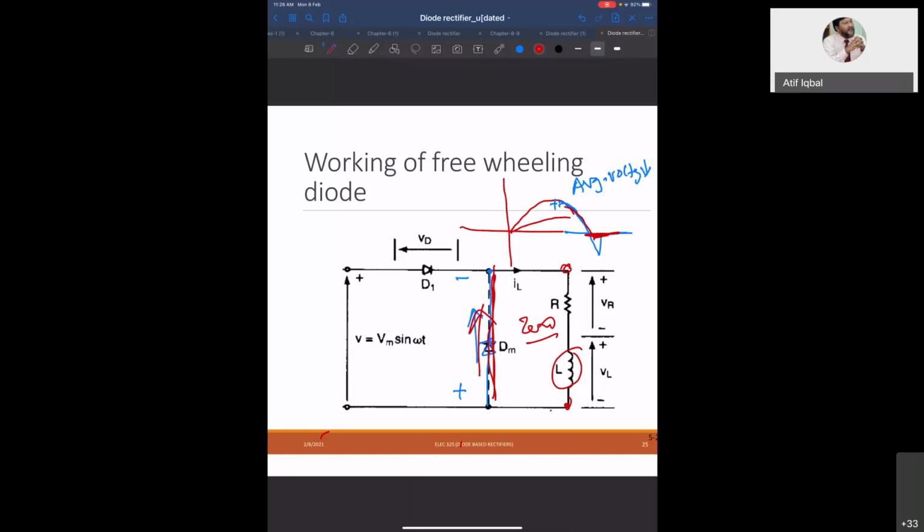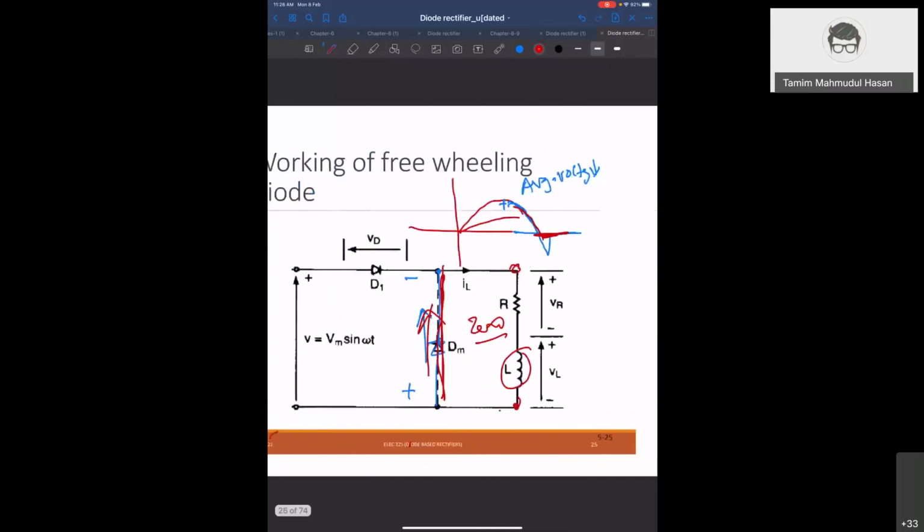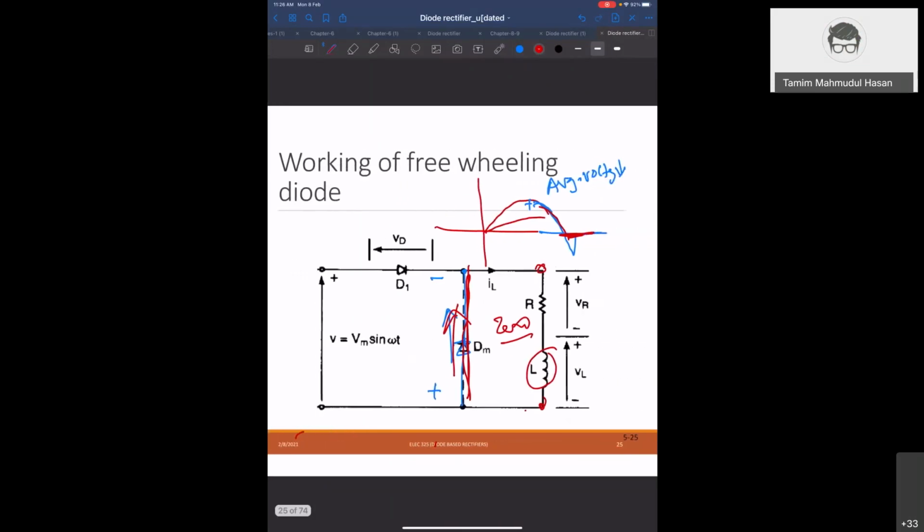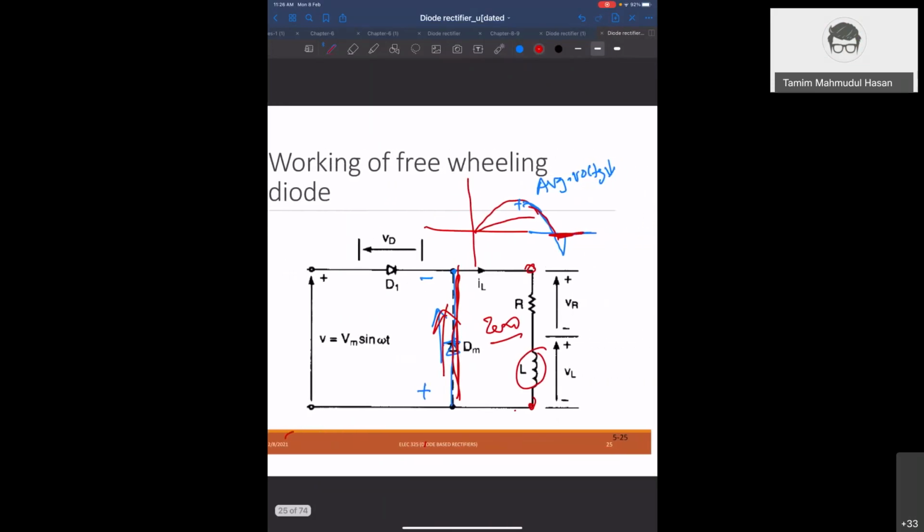Yes, doctor. Doctor, I had a question. Yes. I don't understand what you just said about the inductor current going through this freewheeling diode. Just now we have seen that if you have an inductor in the load, then the current does not stop at this point and it goes beyond this pi.